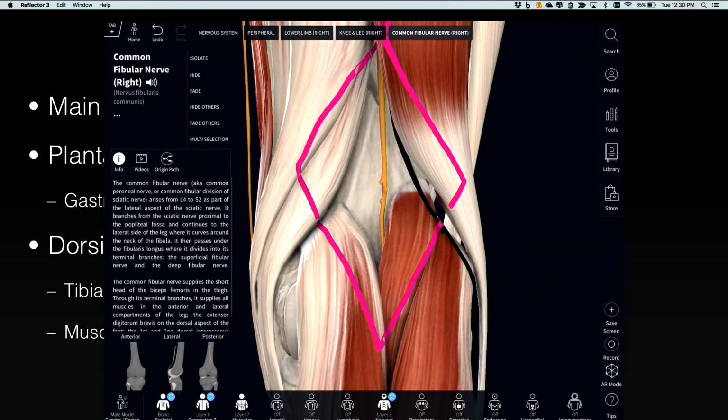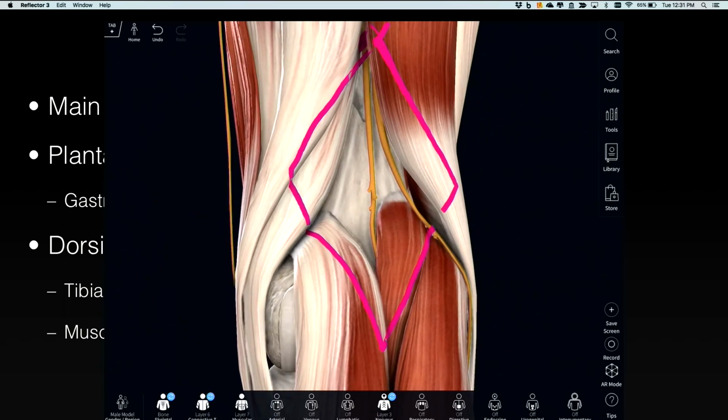On the lateral side is the fibular nerve. Here, the common fibular nerve. It splits later. That's why we call it common. This is always on the lateral superior border, always running down the inside of the biceps femoris.